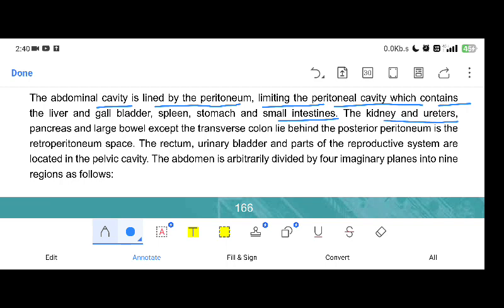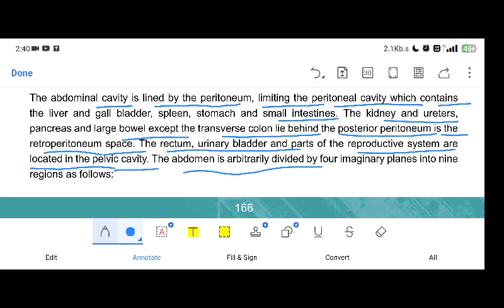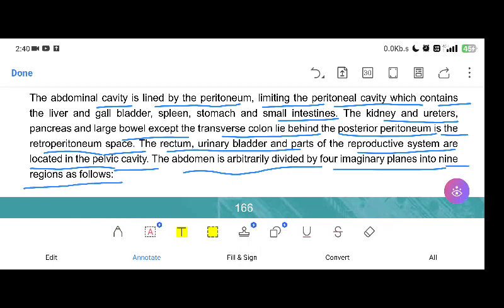The kidneys and ureters, pancreas and large bowel, except the transverse colon, lie behind the posterior peritoneum in the retroperitoneal space. The rectum, urinary bladder and parts of the reproductive system are located in the pelvic cavity. The abdomen is arbitrarily divided by 4 imaginary planes into 9 regions as follows.